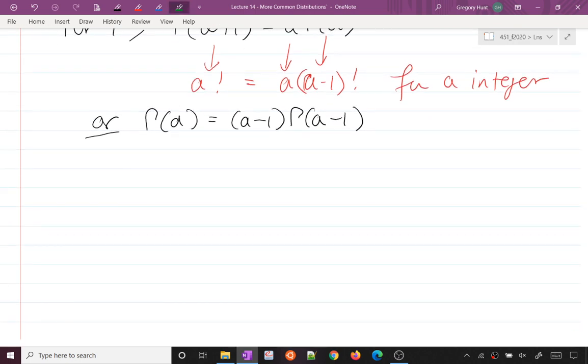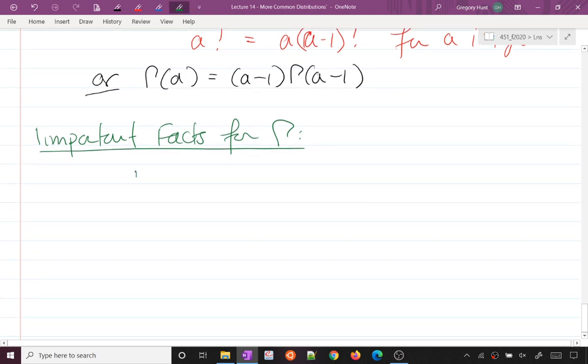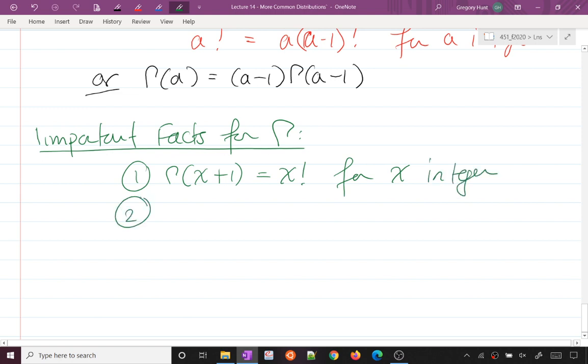So just to summarize, my important facts for this gamma function. This gamma function is quite a useful function. Fact 1, gamma of x plus 1 is x factorial for x an integer, and 2 is that gamma of x plus 1 is x times gamma of x.